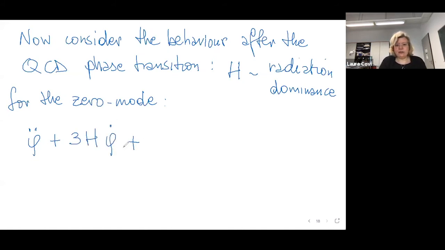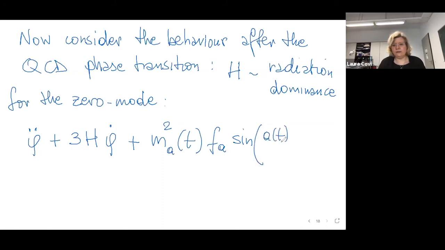And then we have the potential, which in this case I can write as a mass squared as a function of t, m_a^2(t) f_a sin(phi/f_a). And this is in principle the equation I have to solve.